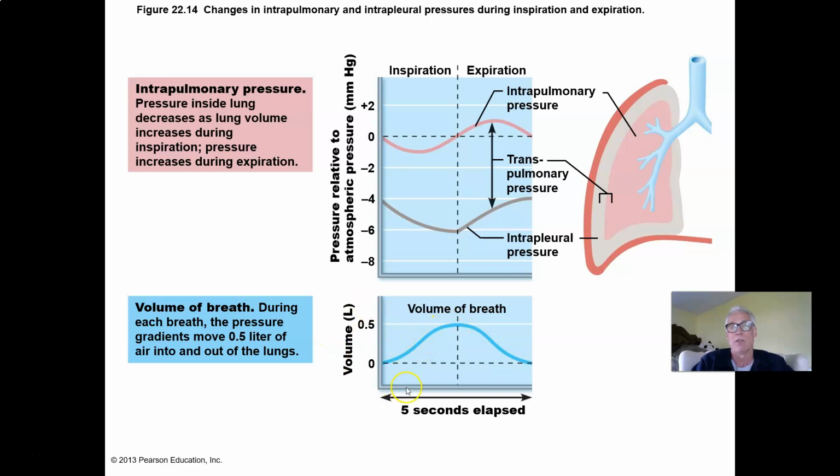We have volume in liters entering the lungs, and then when we reach full inspiration, we raise the pressure by decreasing the volume. We let the diaphragm relax, the alveoli begin to recoil, the volume goes down, pressure goes up, and air leaves by passive flow from higher to lower pressure.